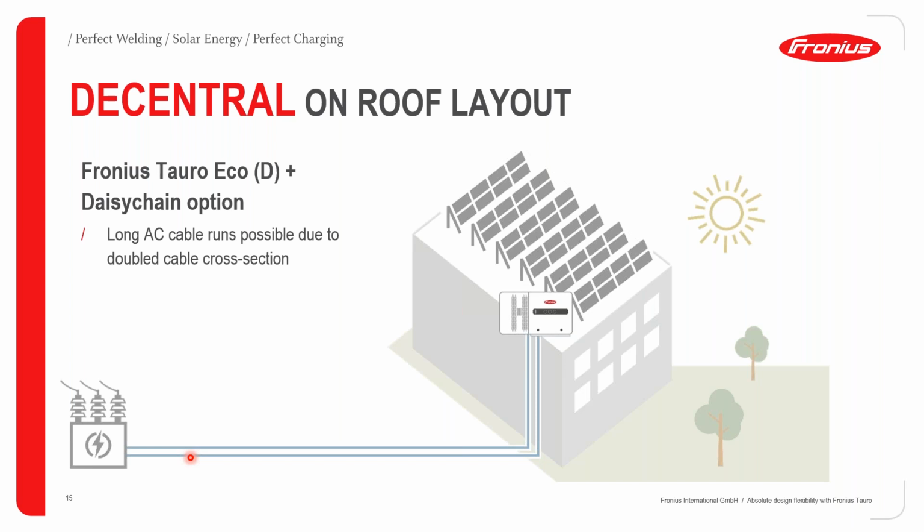So in total, it's about 480 square millimeter cable on the AC side, which of course means that we are able to run the double amount of distance with the same cable losses. So for example, this would be possible if we have very long distances, and I quickly just wanted to show you it's not the only way to use the daisy chain option here to interconnect two devices. It's also possible to use it like this.